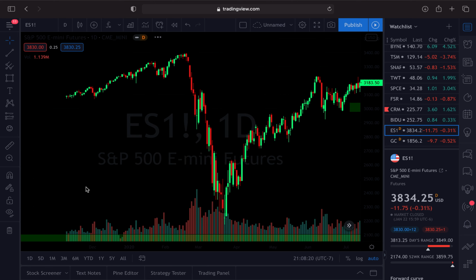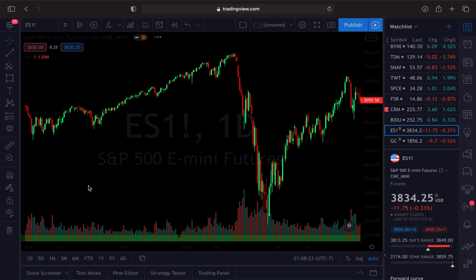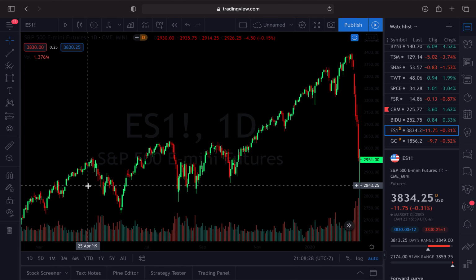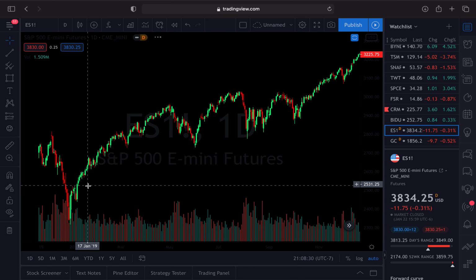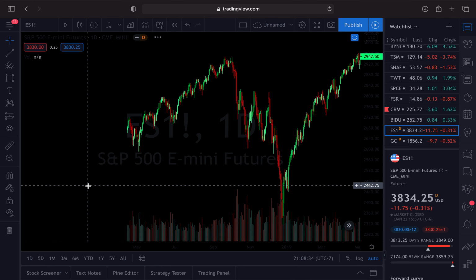If you had SPY charted all the way down, you could have caught where the crash happened. And this is laggy. I'm loading so many candles right now. Just bear with me here. Let me go all the way down.